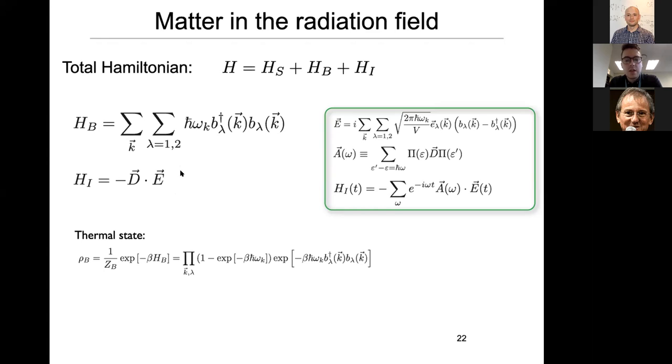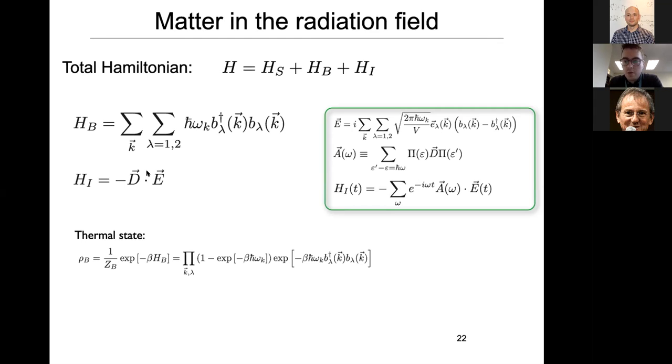Here we can see that this dipole vector is an operator which pertains to our open system, and this electric field vector is an operator which pertains only to the environment. So you can see that this interaction Hamiltonian is of the generic form that I talked about, where we can write it as a sum of a linear combination of tensor products of system and environment operators.